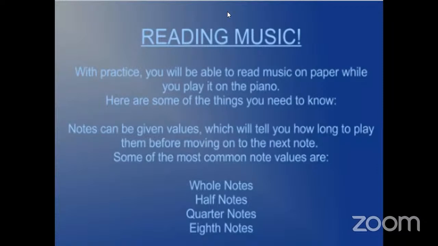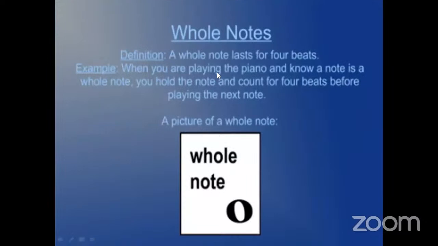Without wasting much time, we're going to go so that when the material for you being able to identify with these notes comes, you'll be able to define them. All right, we have the whole notes here, and the whole note lasts for 4 beats.